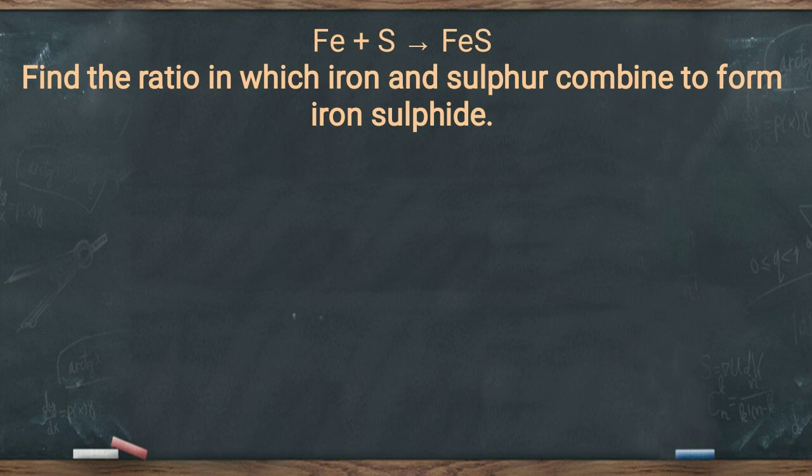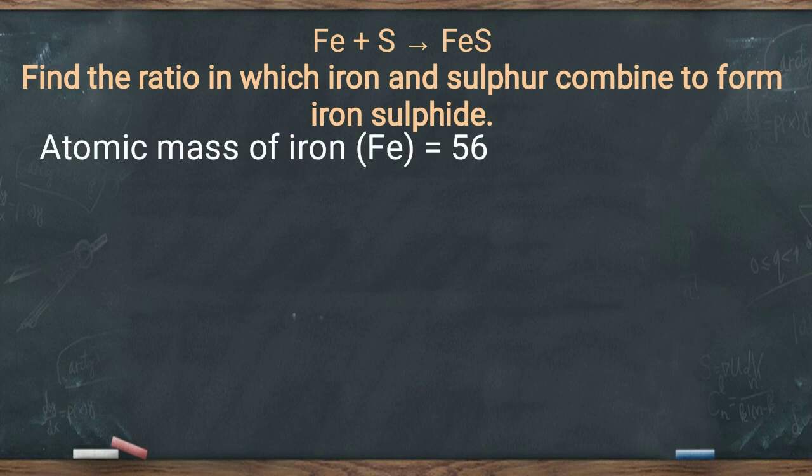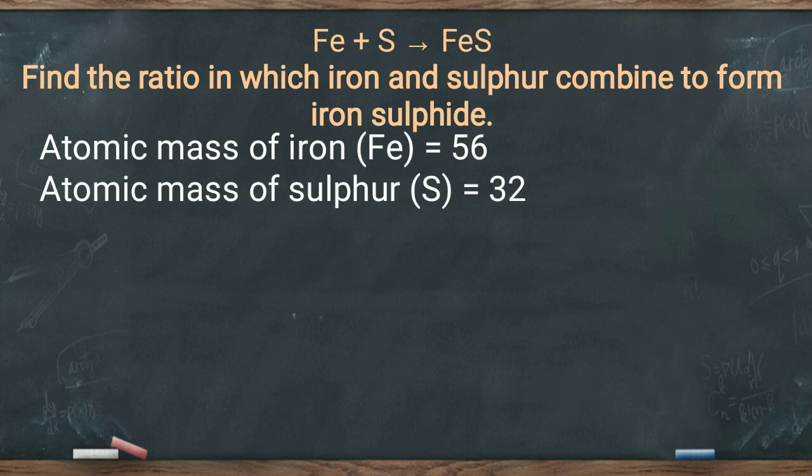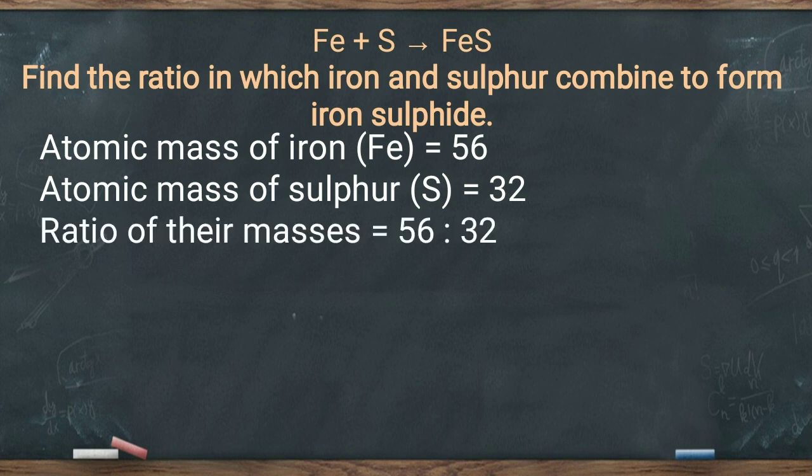So we'll take the atomic mass of iron, which is equal to 56 units. And there is only one atom of sulfur involved in the chemical reaction. So we'll take the atomic mass of sulfur, which is equal to 32 units. So the ratio of masses is 56 to 32, which comes out to be 7 to 4.